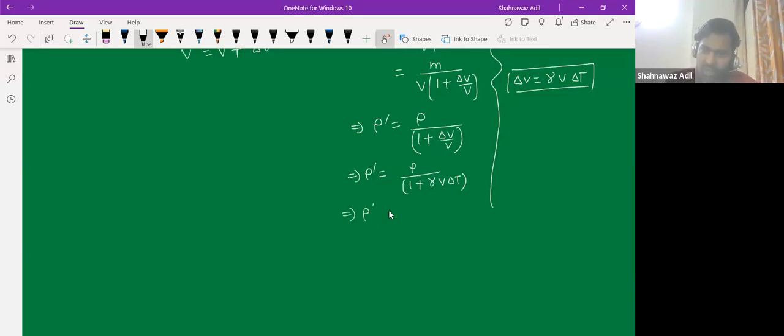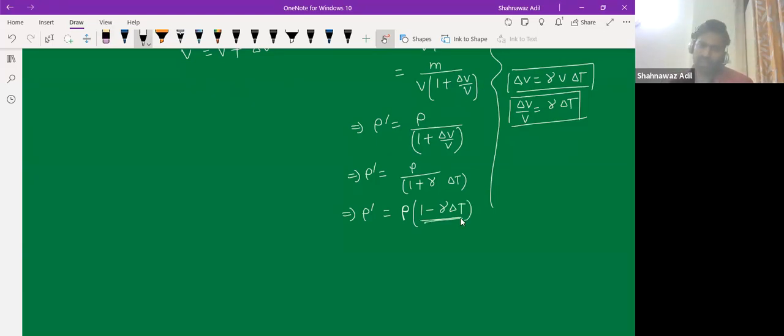So rho prime, if I take the binomial expansion of this thing, if I take this to the upper side, this rho would be 1 minus gamma delta T. If I'm calculating delta V by V, this V would not be there, because delta V by V is gamma delta T. Right, so this is rho times 1 minus gamma delta T. Did you guys understand why this would be 1 minus gamma delta T?